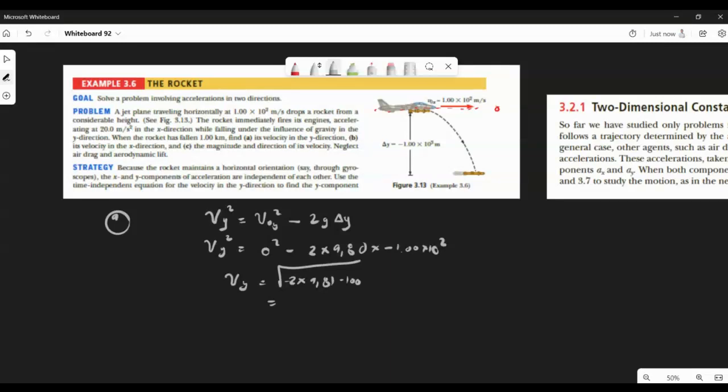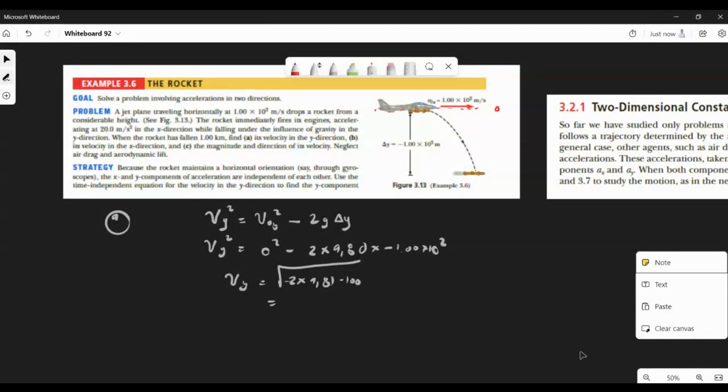So I got 140. 140, right? Is that correct? I keep on using 9.81, eh? It's going to kill me somewhere, but still. How much do you get?